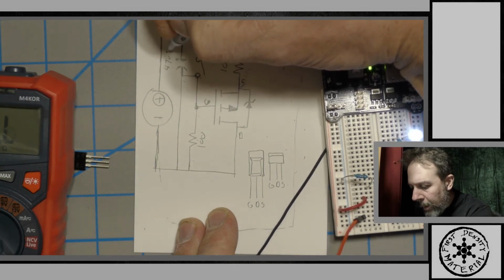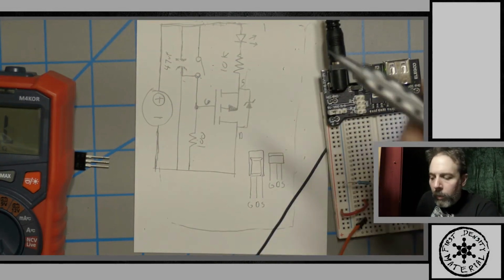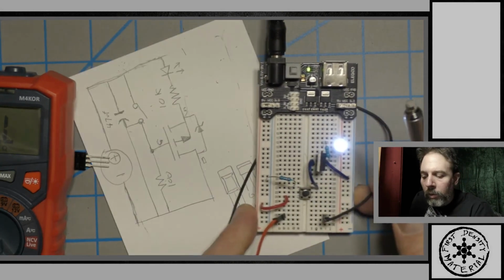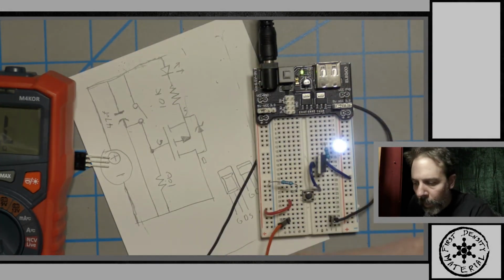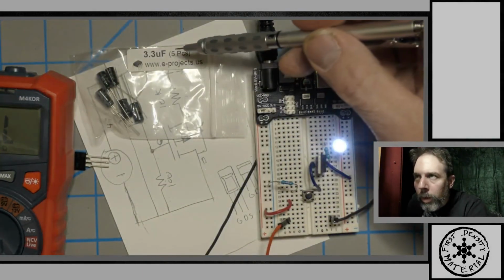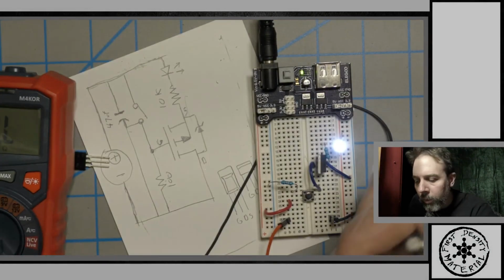You can use any capacitor for it though, and the lower the number, the faster it makes it. So if I used a 3.3 UF, it would be certainly a lot faster. You wouldn't notice the slow burn.